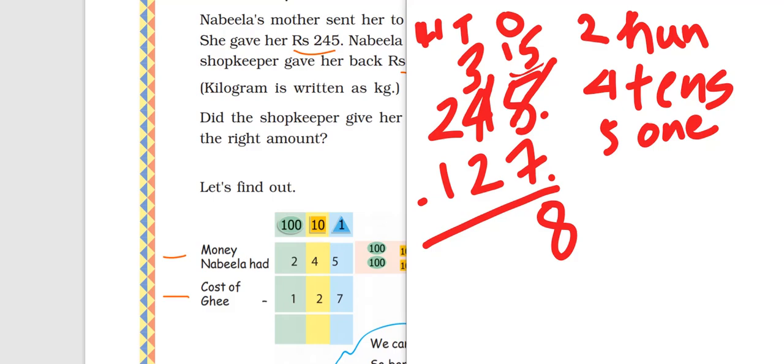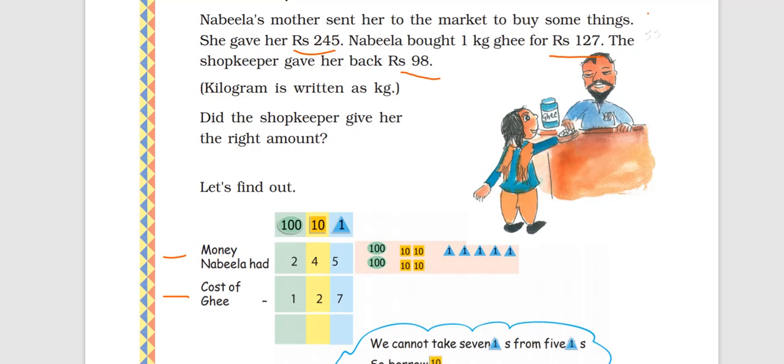So 3 minus 2 tens is 1 ten. And 2 minus 1 hundred is 1 hundred. Right? So we get 118.